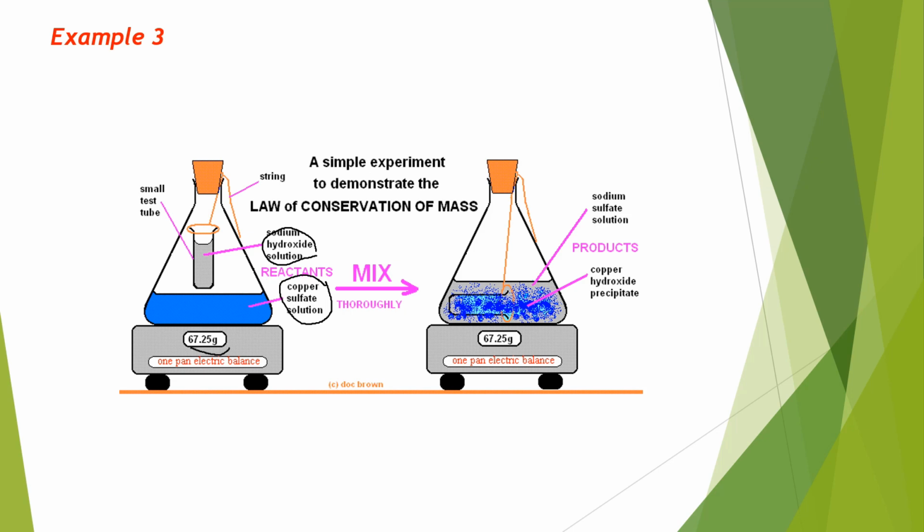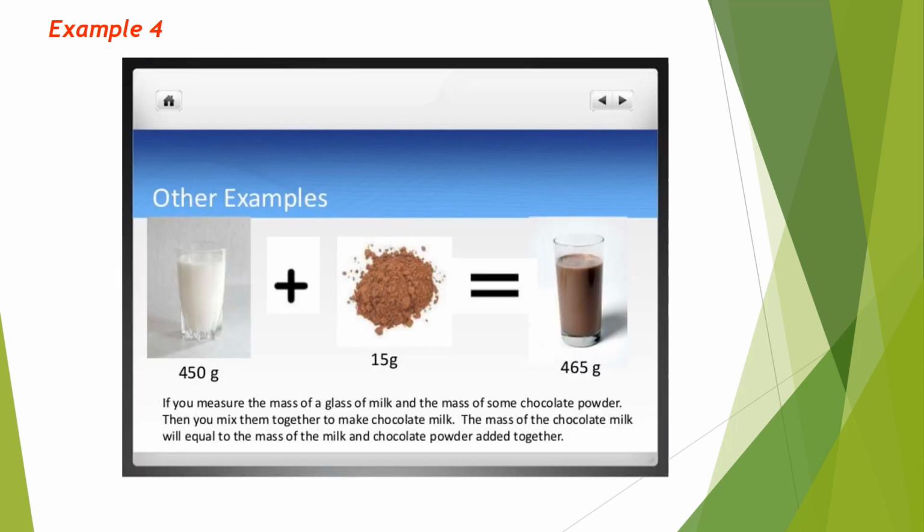It is 67.25 grams. Then, when the reaction occurs, we will have the products, which are sodium sulfate solution and copper hydroxide precipitate. We notice that the mass of the products is 67.25 grams, the same as the mass of the reactants, and this also confirms Lavoisier law.